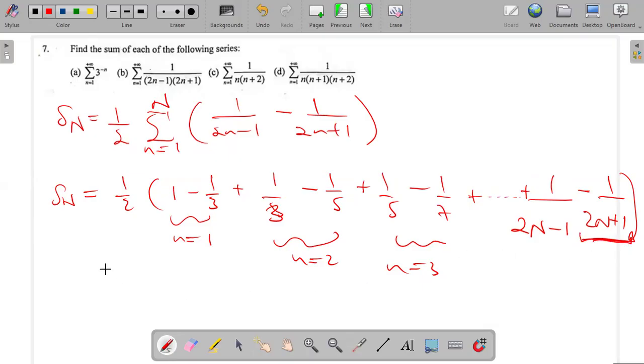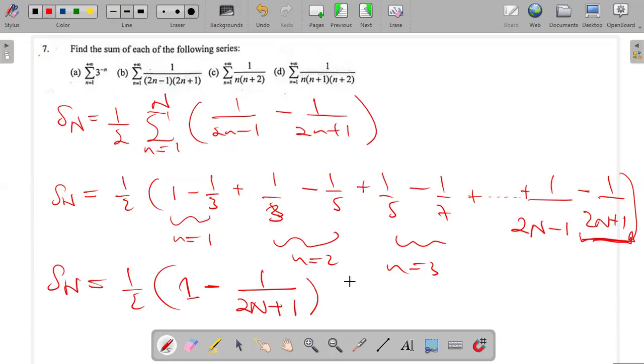So in short, what I'm saying is Sn is going to remain with half, then you have 1, the first term, which won't cancel with anything. Then you have the last part, which will also not cancel, that is 1 over 2n plus 1, like this. So this is what you remain with.